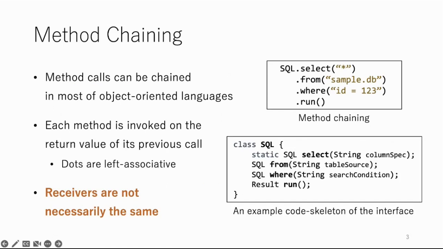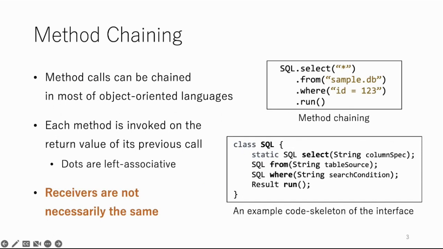Next, we'll look at method chaining in more detail. In most object-oriented programming languages, we can chain a method call just after another method call. For example, the method chain shown in the right upper figure first invokes the select method, which is a static method defined in the SQL class, and then invokes the next from method.